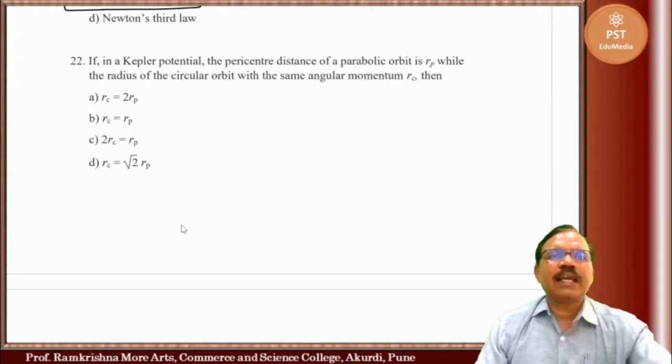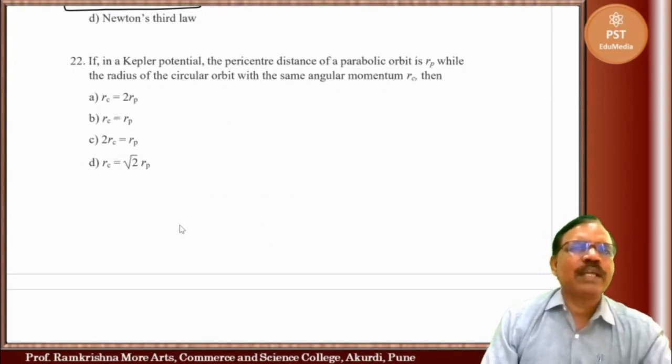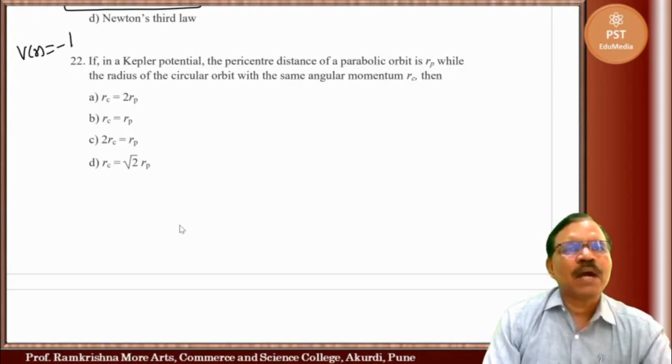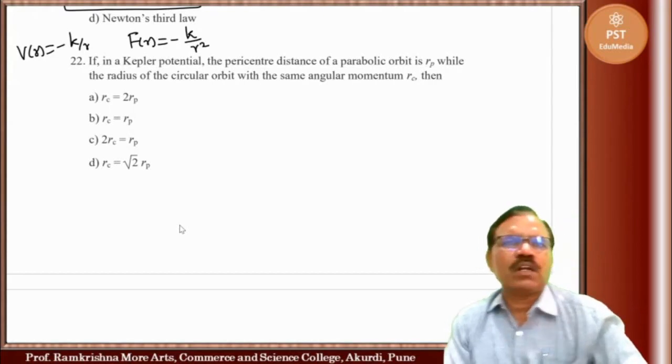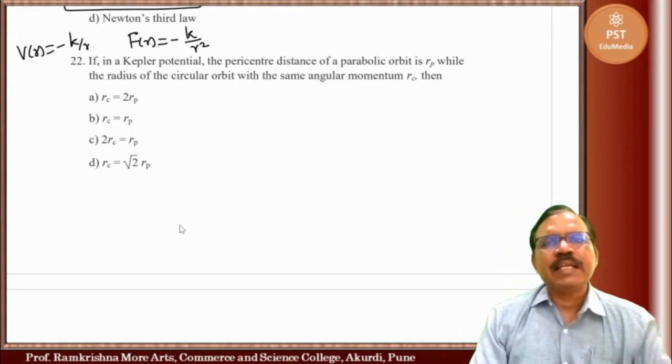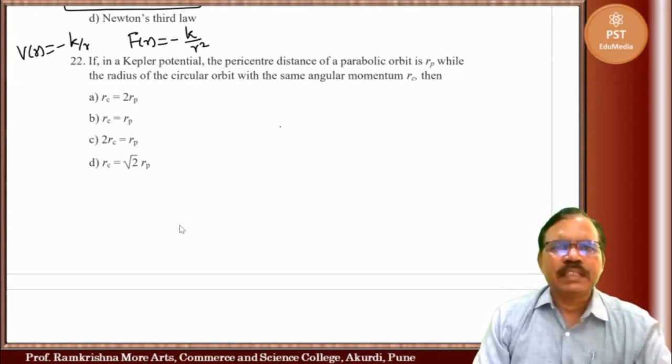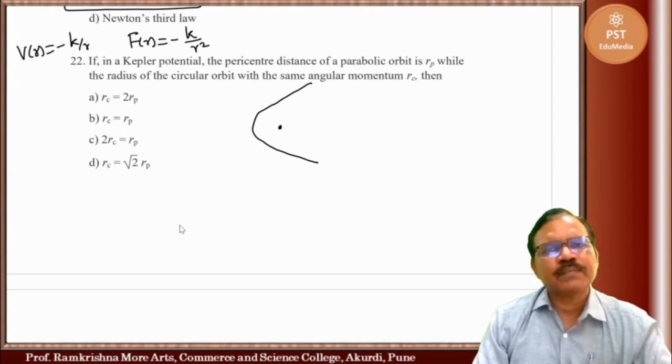In a Kepler potential, V of r is equal to minus k by r, and the force is an attractive central force, an inverse square law. So this potential is called the Kepler potential. The pericenter distance of a parabolic orbit is rp, meaning here is the center, and this is the parabolic orbit.